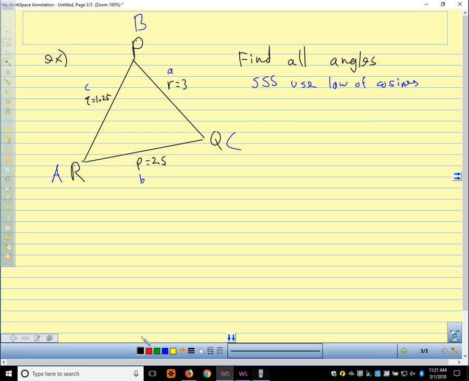When you find angles, find the biggest angle first. So what angle is going to be the biggest? A is going to be the biggest because it's across from the longest side. So let's find angle A.